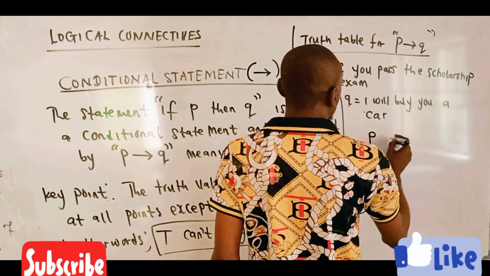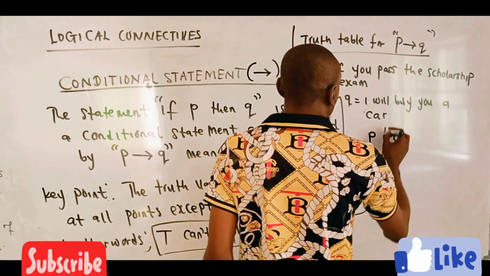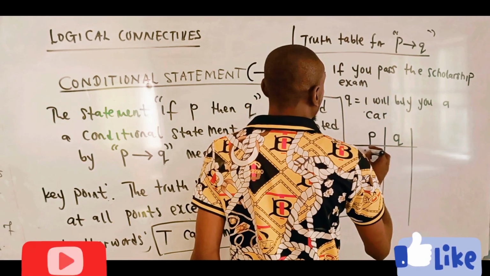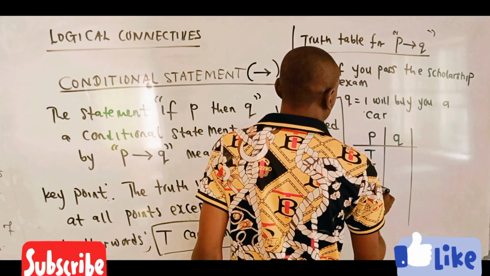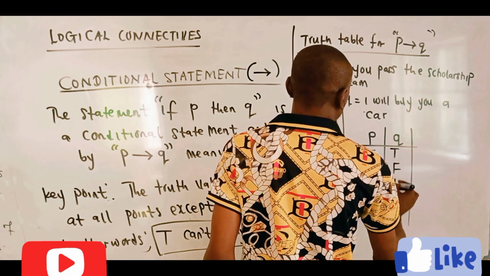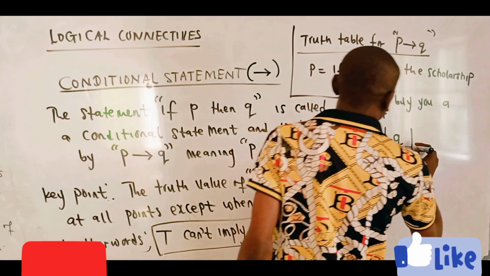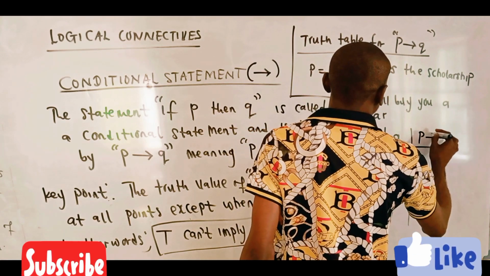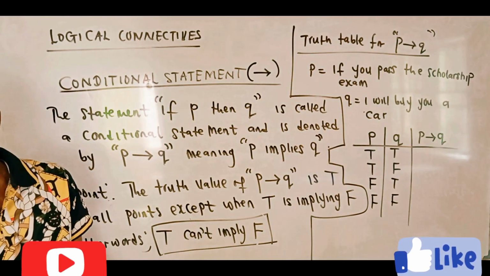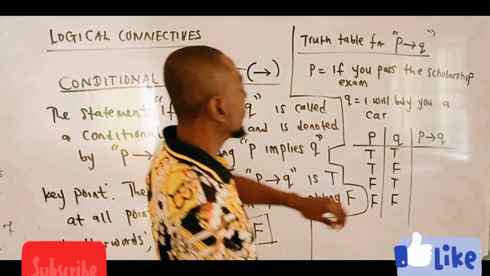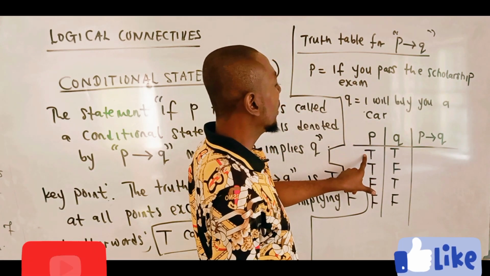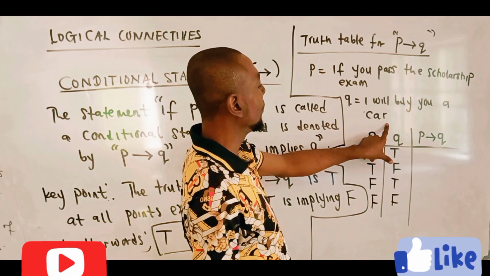As usual, we have our P and we have our Q. Because of just two statements, we're going to have T 2 times and F 2 times, and then we have TF, TF. And the compound statement here is P implies Q. The experiment goes this way. If you pass the scholarship exam, I will buy you a car.